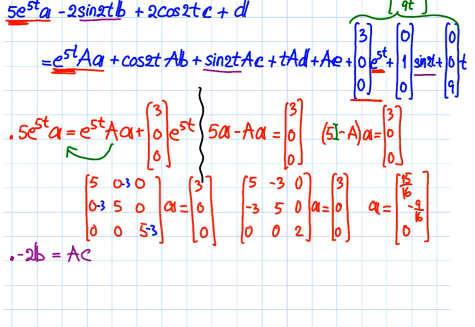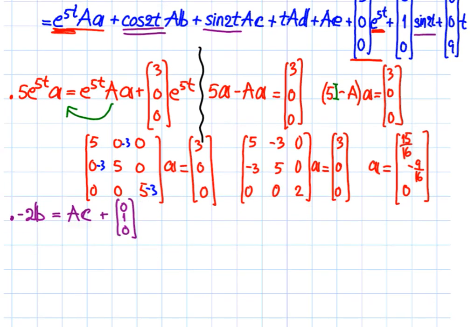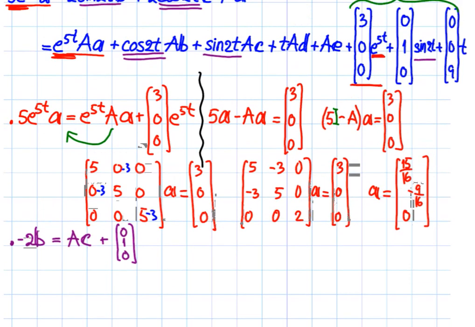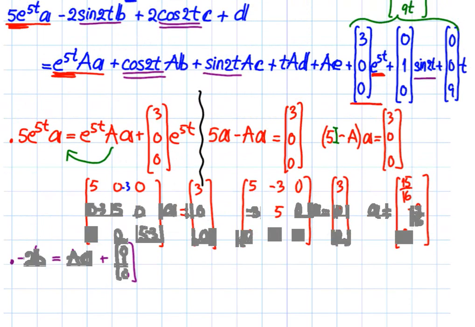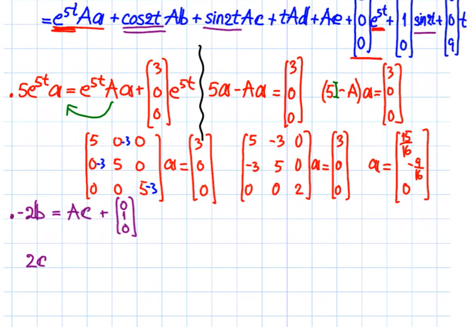And we write like that. Plus 0, 1, 0. Kind of have to write a lot smaller now. And then we look at cosine of 2t. And that's what we have. 2c equal to Ab.